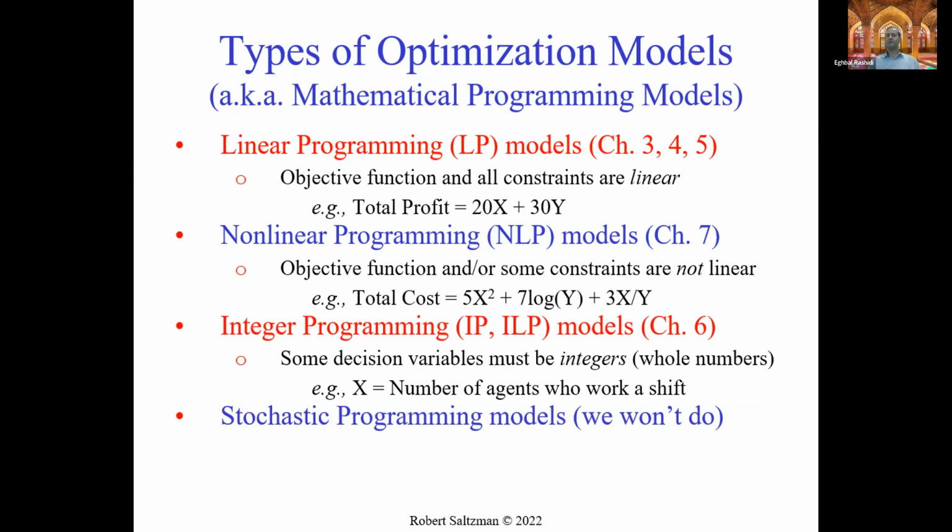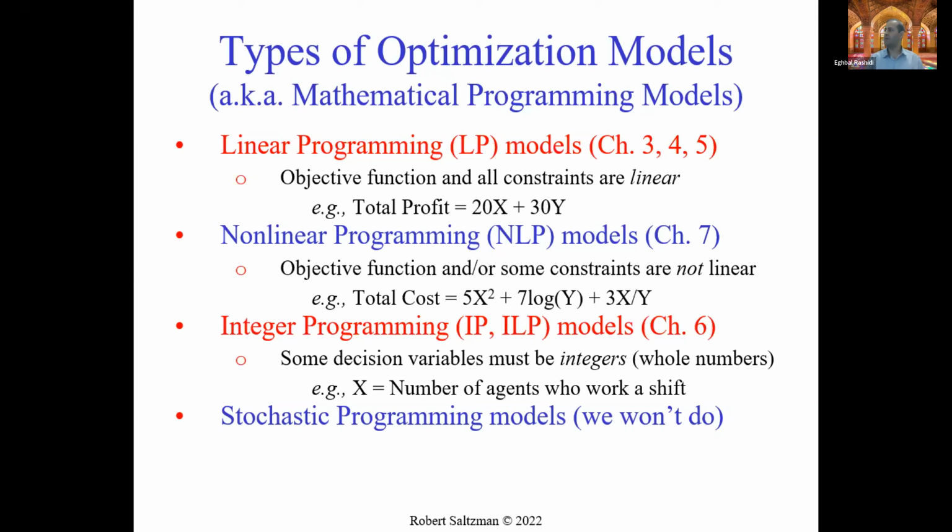And the last one is called stochastic programming models, which we won't cover. That's probably one of the toughest and most complicated ones. In the stochastic programming model, what is different is that some of the values are uncertain. So they are not given. They are random values.